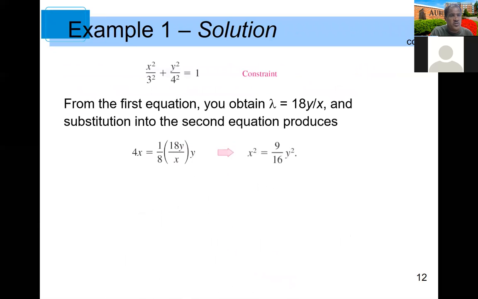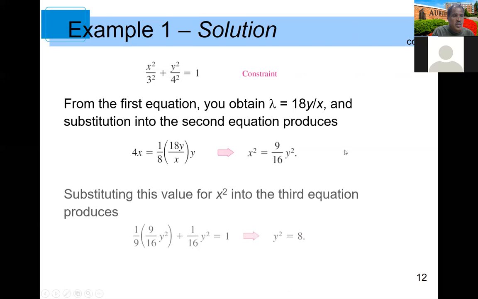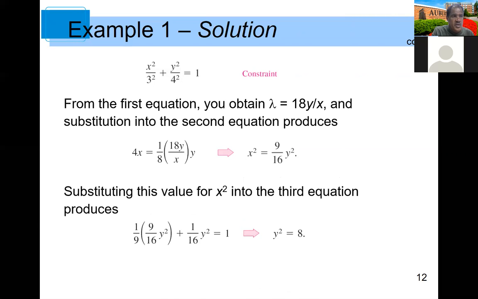So what do you get? Solving for lambda, you get lambda is equal to 18y over x. Put that 18y over x in place of lambda in the second equation, and if you solve this, you get this nice relationship: x squared is equal to 9 over 16 y squared. Okay, let's keep this one and put that value of x squared in this equation.